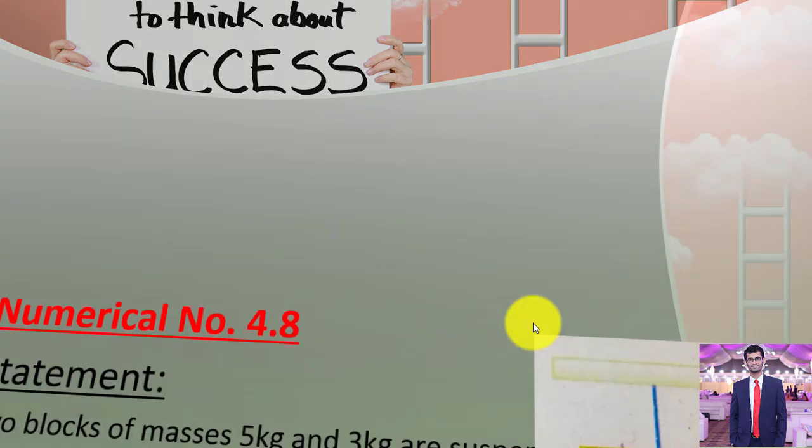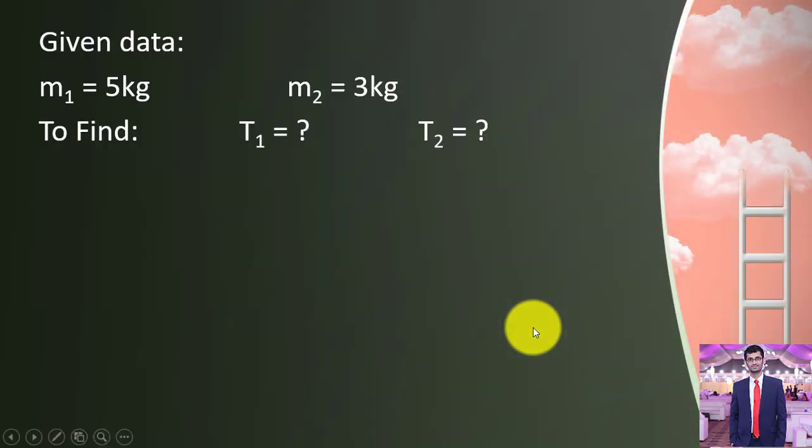So given data is M1 is equal to 5 kg, M2 is equal to 3 kg, and we need to find the tension in the upper string T1 and the tension in the lower string, that is T2.